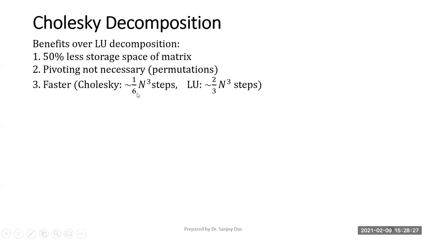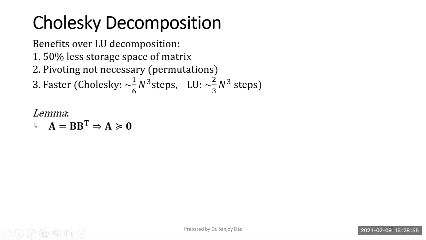It takes approximately 1/6 n cubed steps, whereas LU decomposition takes 2/3 n cubed steps. So it's much faster. Okay, so these are the benefits of Cholesky decomposition, but it can only be applied to a symmetric positive definite matrix.